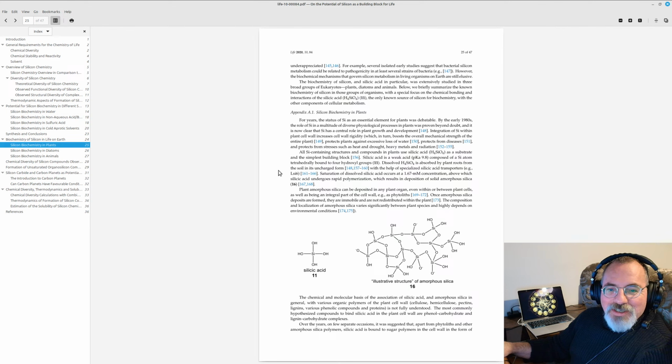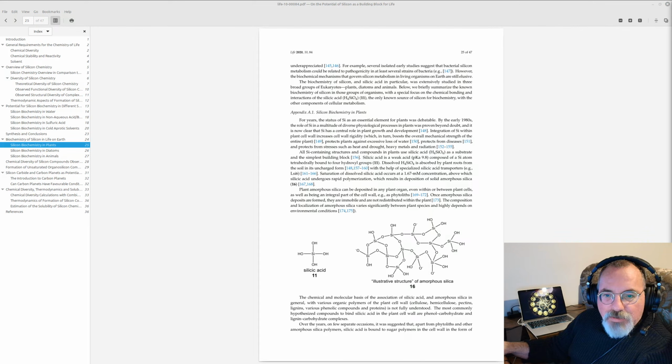Saturation of dissolved silicic acid occurs at 1.67. Oh, is that? I don't know what that is. I'm so sorry, I'm just going to have to check now to find out what they mean.